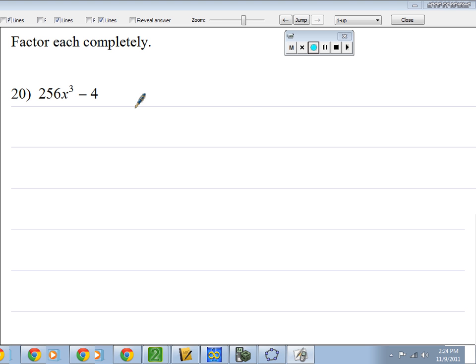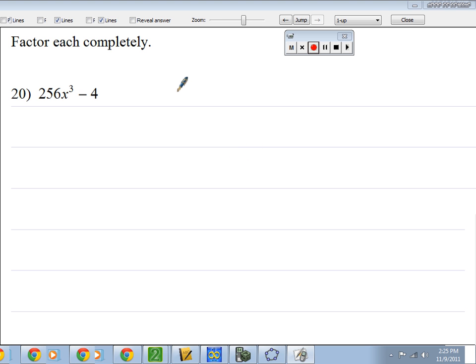I'm going to change this right here and make it look like this. 4 times. How do I express 64 as a cube? What is the cube root of 64? 4 cubed x cubed minus 1 cubed.